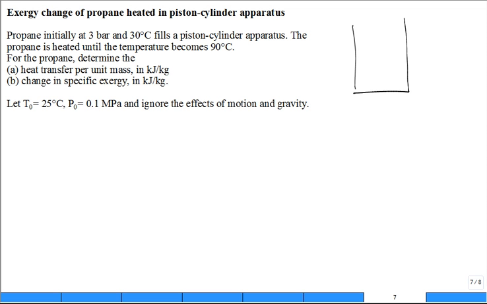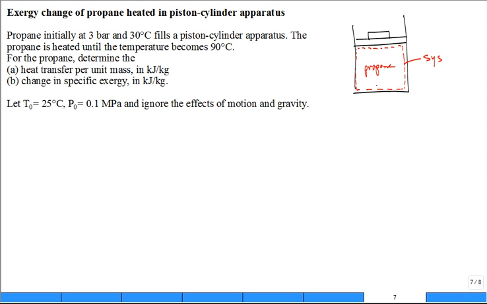Here's our cylinder, there's our piston, it has some weight on it. The weight basically dictates the pressure of the gas trapped inside the piston cylinder apparatus. So this is our closed system. That's the propane.